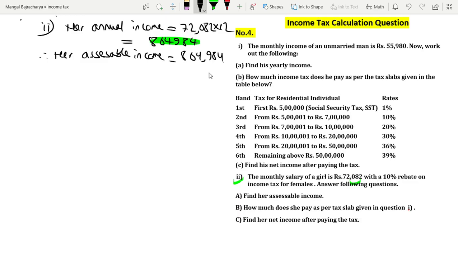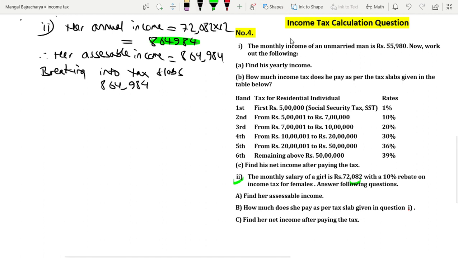And after that, how much does she pay as tax as per the tax slab given in the first question? So first we have to break this into the tax slabs. So let's do that first. So breaking into tax slabs, here the total amount is 8,64,984.